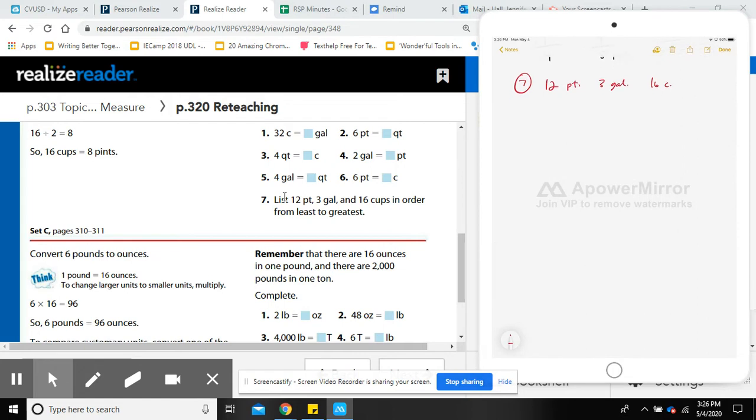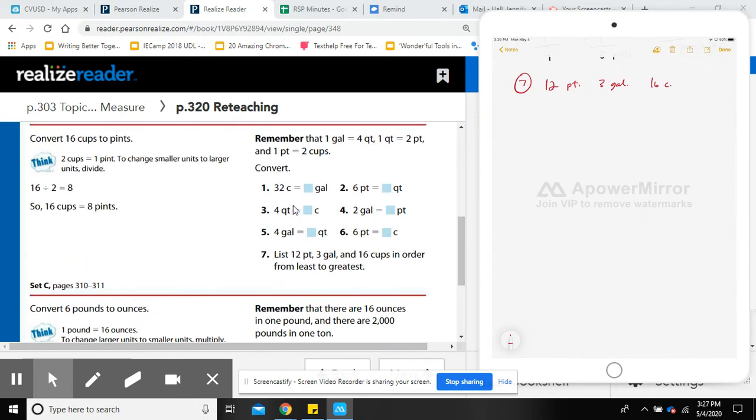So the easiest way for me to do this is to convert them all into the same thing. My initial thoughts are to convert them all into cups because that's the smallest unit. So remember we did that for set A as well. We took the smallest unit. So let's see how many cups are in 12 pints.